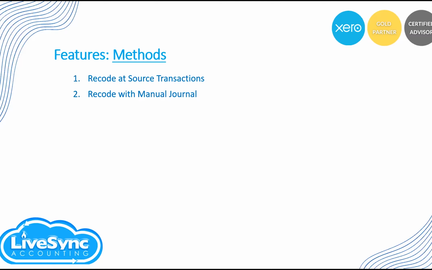However, you can also make a recode using a manual journal. And normally this is done, for example, when you have an audit adjustment. You don't want to touch the original transaction entry, but instead make a manual journal for your audit adjustment.